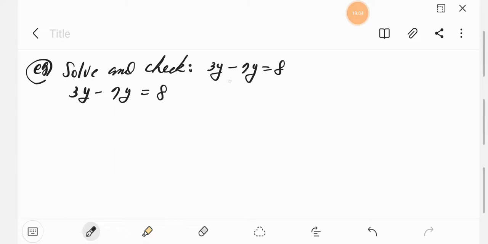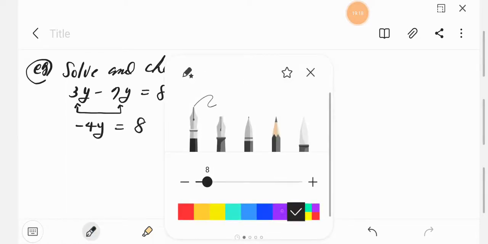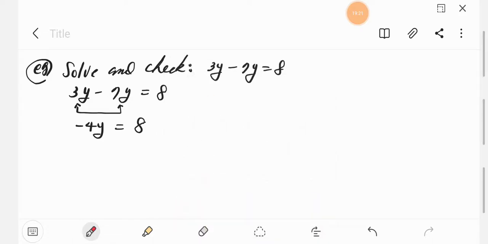Okay, 3y minus 7y. They are like terms, so we can add these two. So 3 minus 7 is negative 4y is equal to 8. This is negative 4y, okay, y is together with negative 4, right?